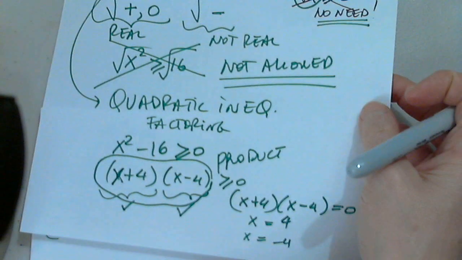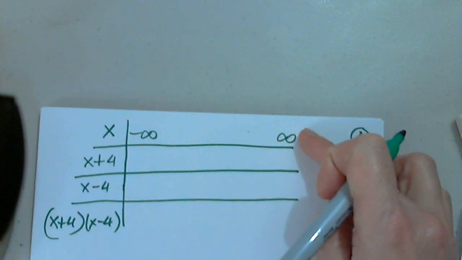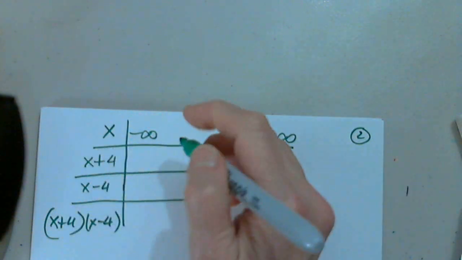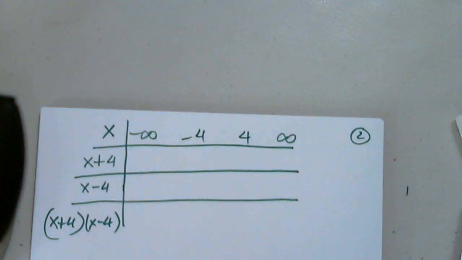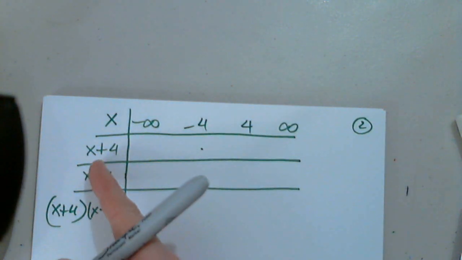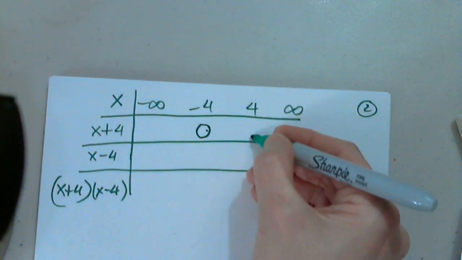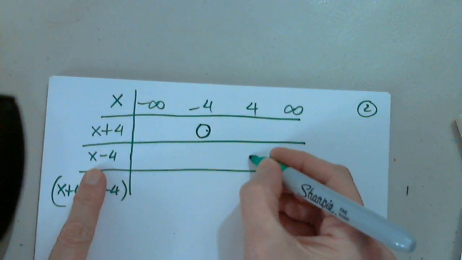Awesome. I'm going to put these numbers in ascending order for x. So under -4, what will I write for x plus 4? 0. Of course. Brilliant. Under 4, what will I write for x minus 4?